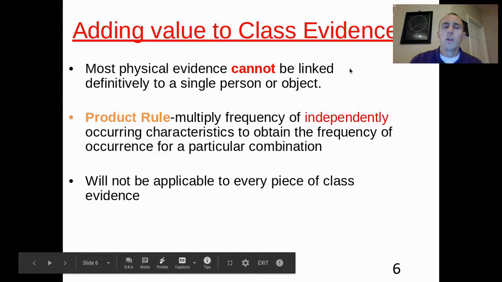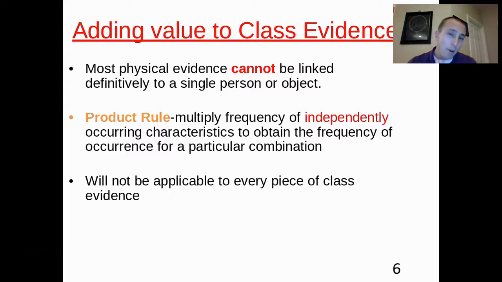So individual evidence definitely narrows us down to one specific person. But unfortunately, individual evidence is often very difficult to come by. So what we often need to do is we often need to use multiple examples of class evidence to connect one person to that particular crime scene.